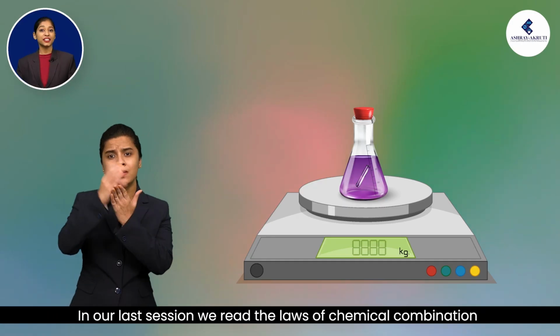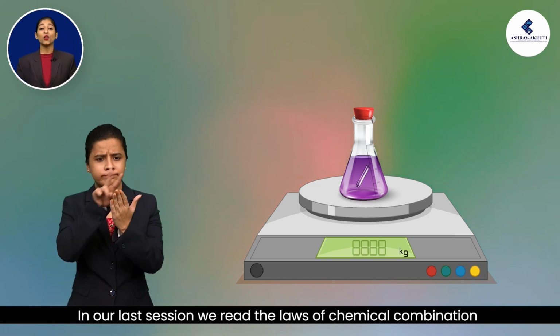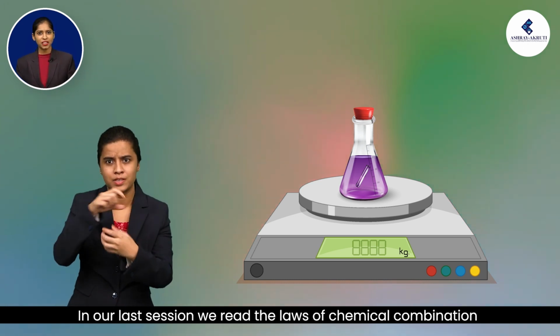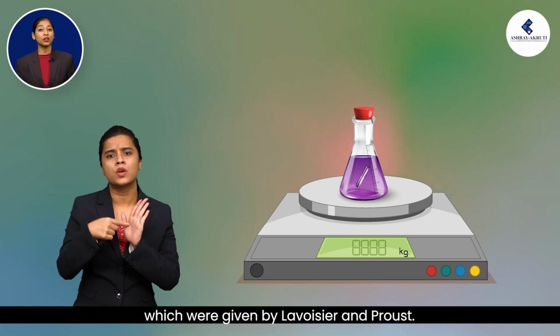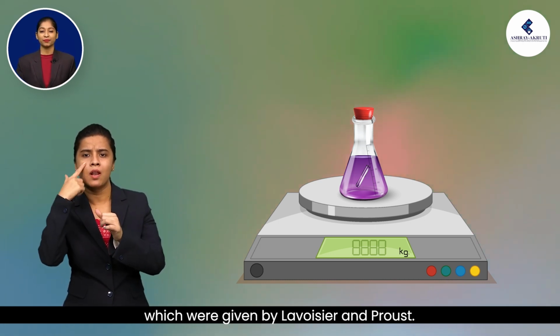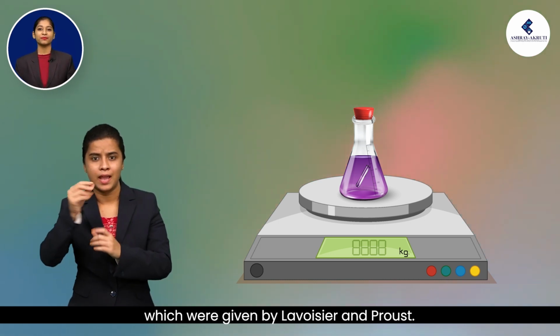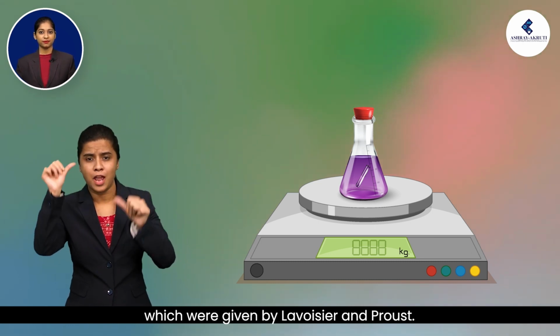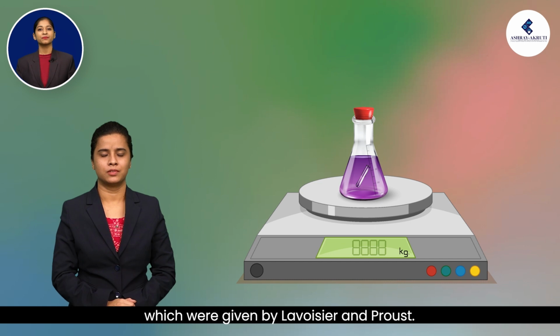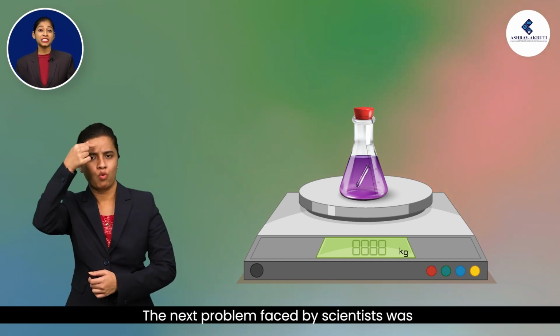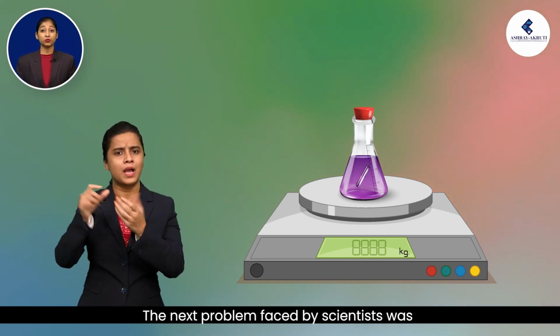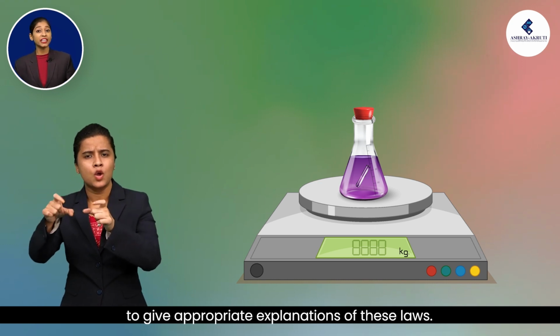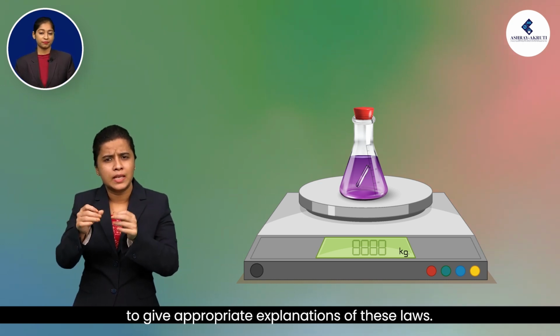In our last session, we read the laws of chemical combination which were given by Lavoisier and Proust. The next problem faced by scientists was to give an appropriate explanation of these laws.